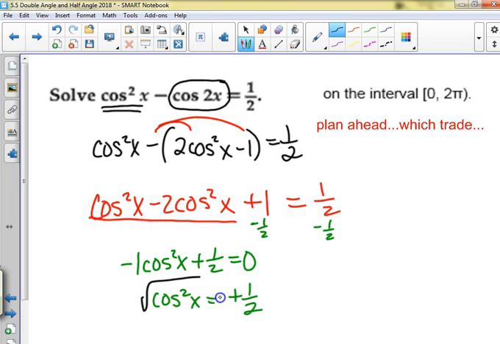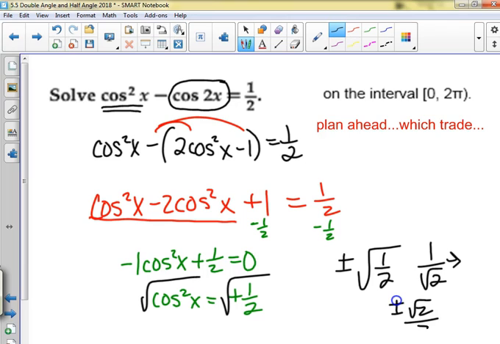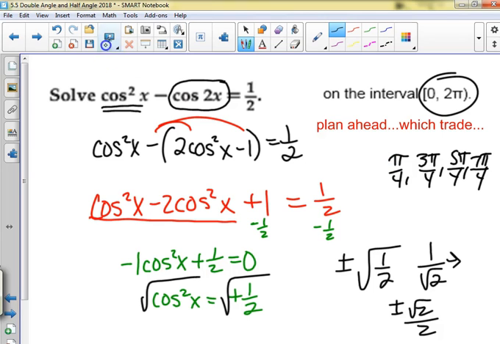I got a square root, but I have to remember what when I do that? Plus or minus. This is 1 over square root of 2, which becomes square root of 2 over 2. Where does that happen? 4 places, yes? Between 0 and 2 pi, I'd have pi over 4, 3 pi over 4, 5 pi over 4, and 7 pi over 4. Good job. All right.